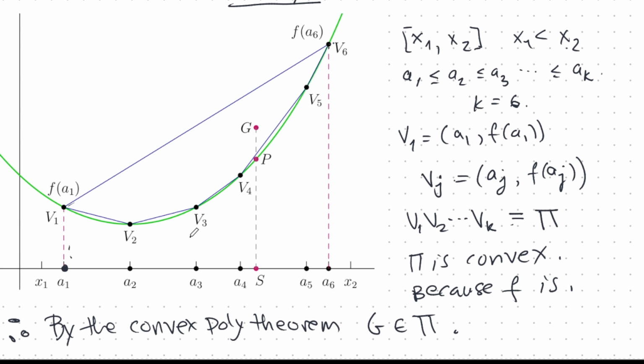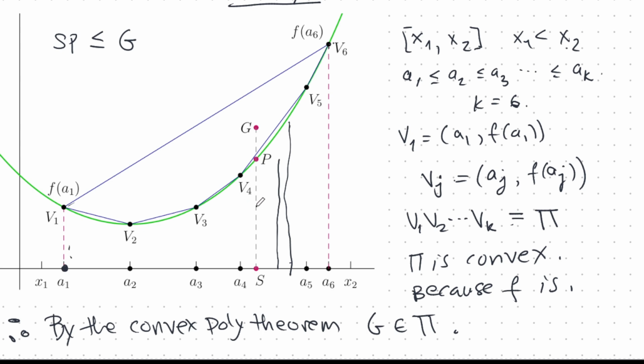Okay, so let's see what we can derive now. Well, we can see that this is going to be less than this. So SP, like usual, is less than or equal to SG. If G goes out up here, that's still true, but other contradictions will happen later on.